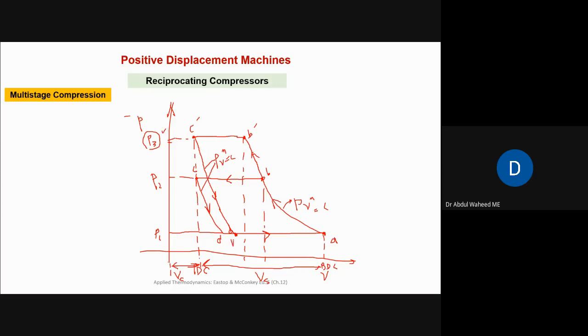Now the induced volume is dropped because now this point is D dash. If your total volume is the same, it means VA minus VD was greater than VA minus VD dash.